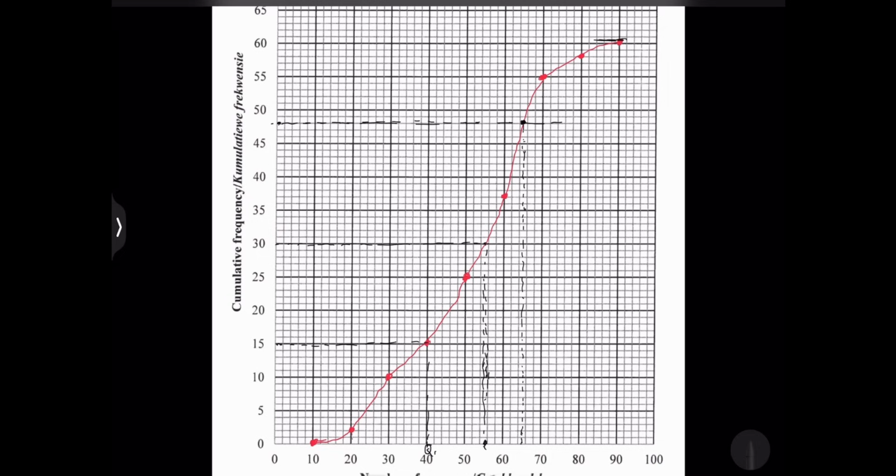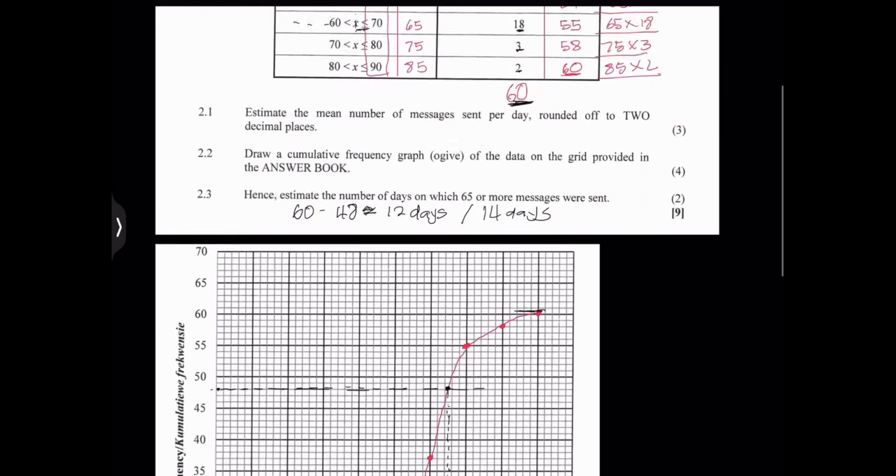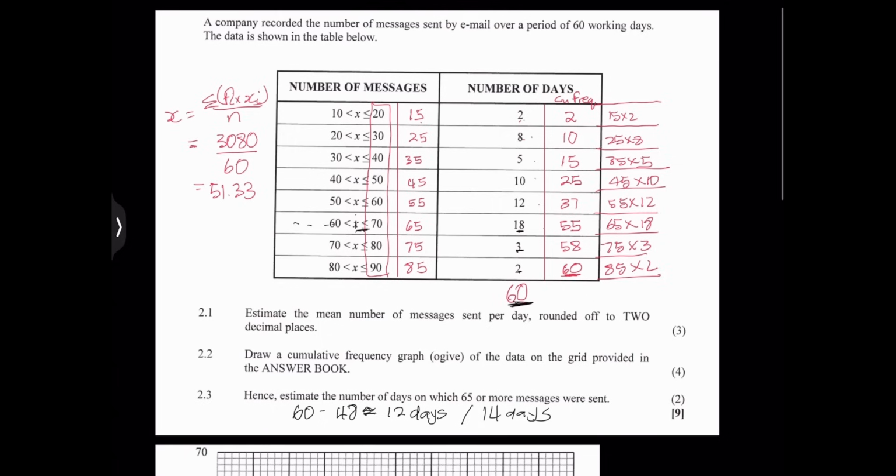So it would be around, let's say, 55. Yeah, let's say 55. That would be quartile 2. That's your median. Remember, there's a difference between mean and median. The mean we would have to calculate using that formula there. But of course, the median in this case, we would simply read off from the graph.